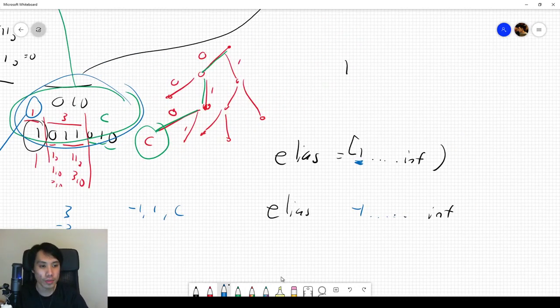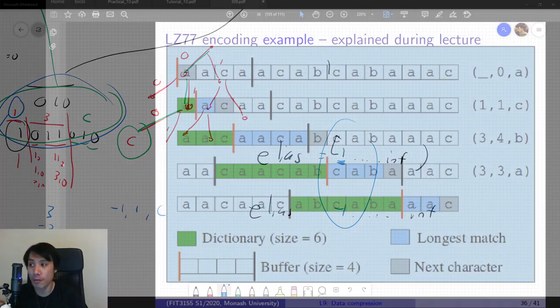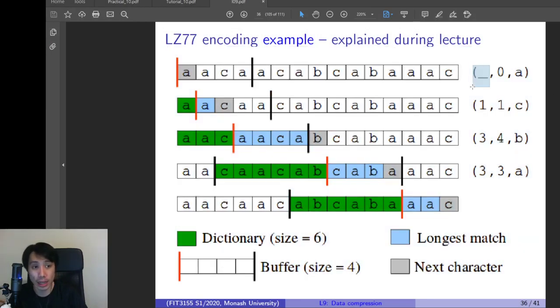Okay, so it's just a matter of shifting your Elias encoding to the smallest possible number. So with that, I can denote what you see here as -1, and what you see here as 0.